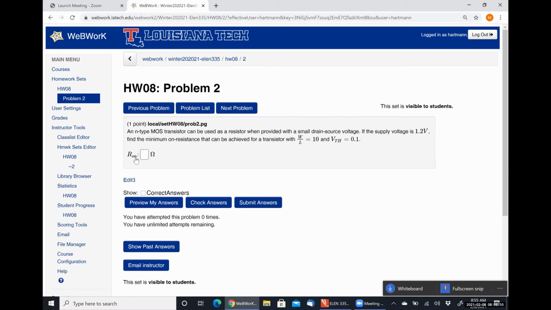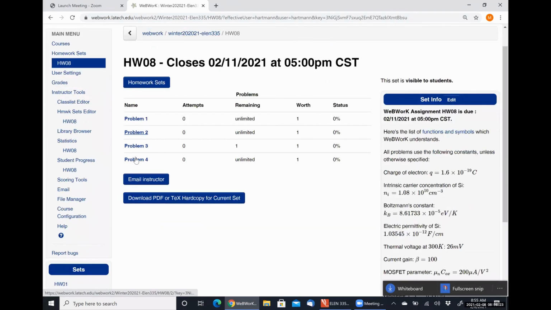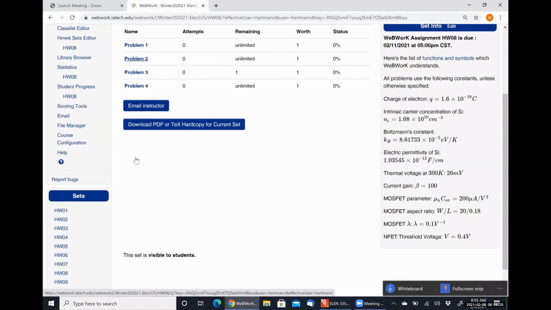So I believe this is just the direct application of our parameters. One thing that we are not told is what mu n times C ox is. If we jump back out to homework set 8 and scroll down, MOSFET parameter mu n times C ox is expected to be 200 microamps per volt squared. So use that unless you're told something different.